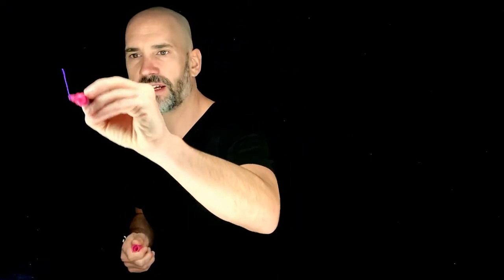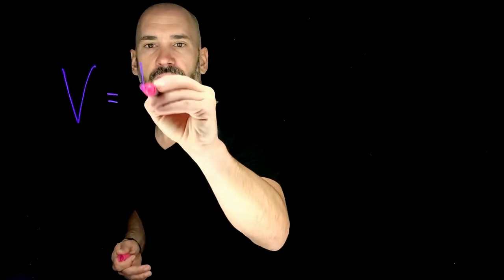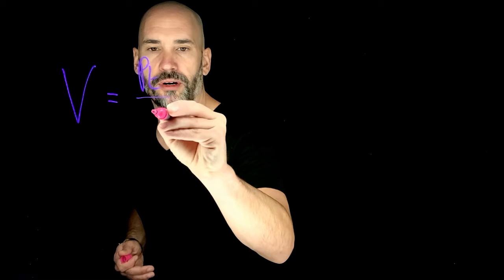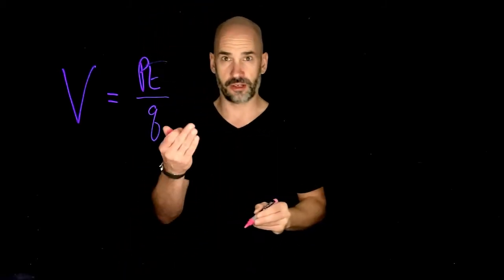So it turns out that talking about potential energy for various reasons is problematic, or just a little bit more complicated, I would say. Not problematic, just more complicated. And it makes a little bit more sense, a little bit easier to think of a quantity that's called the electric potential, that is the amount of electric potential energy per coulomb, per unit charge.